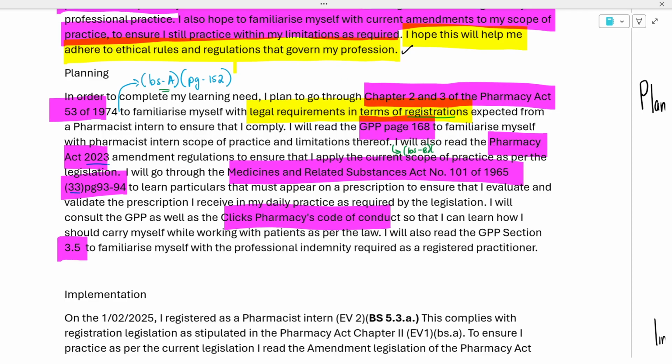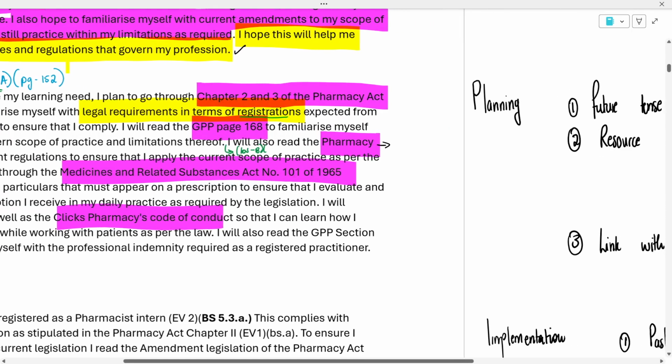Then next, you said, I will read the Pharmacy Act amendment regulations to ensure I apply the current scope of practice. So these amendments that you are talking about here, the specific regulation you're talking about is GNR 4733 of April 2024.